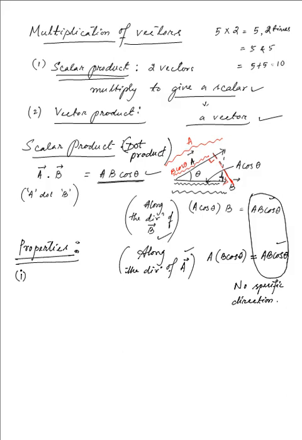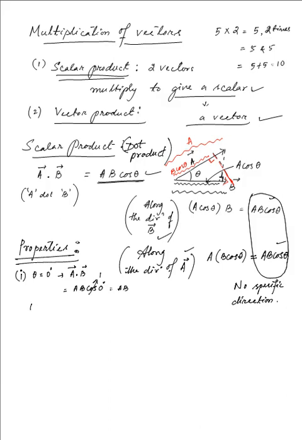For 0 degrees, that is both the vectors lying along the same direction, the angle being 0, you have A dot B is equal to AB cos 0, which is just equal to AB. Cosine of 0 is obviously equal to 1, which gives me AB.